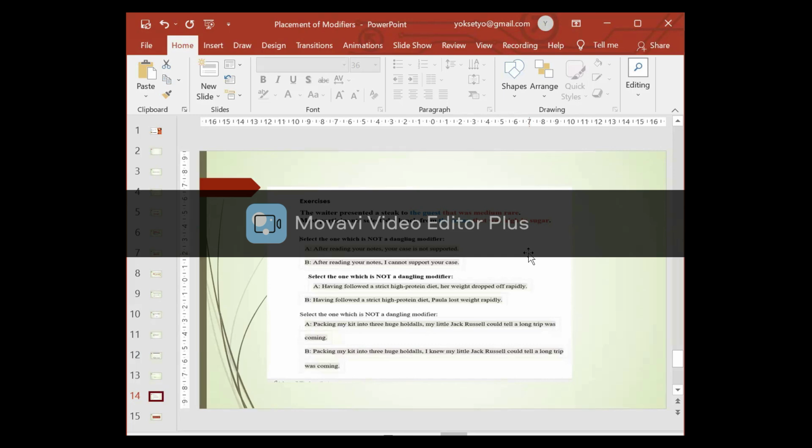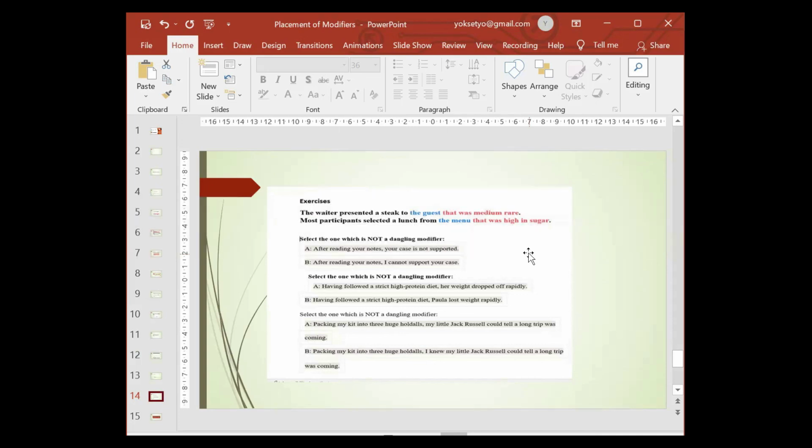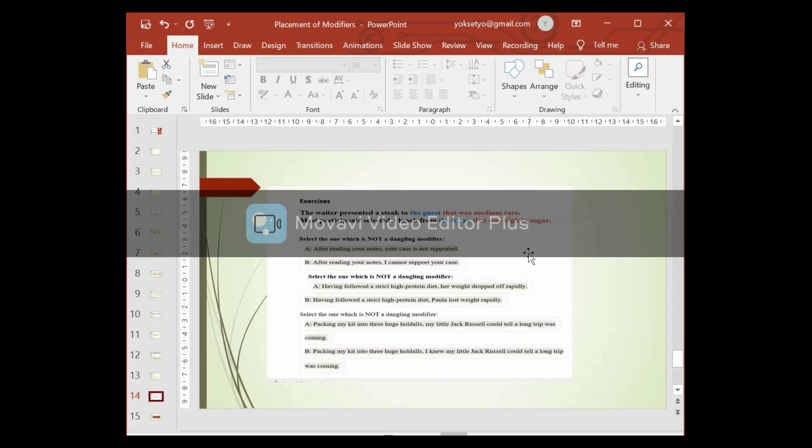So it must be: the waiter presented a medium rare steak. Yeah, right, good. The waiter presented a medium rare steak to the guest. Or you can also say the waiter presented a steak that was medium rare to the guest.